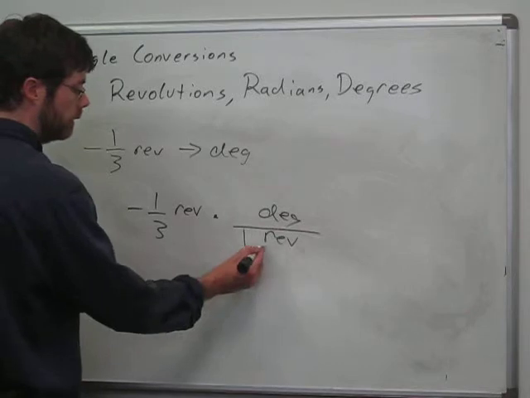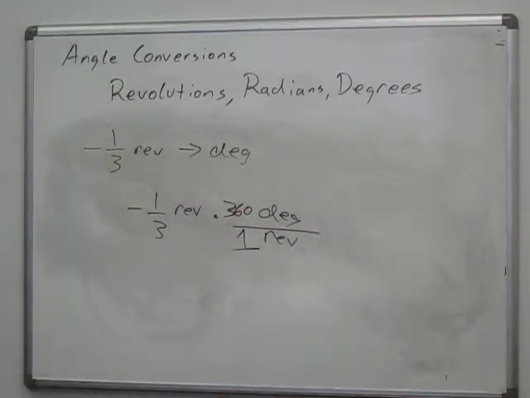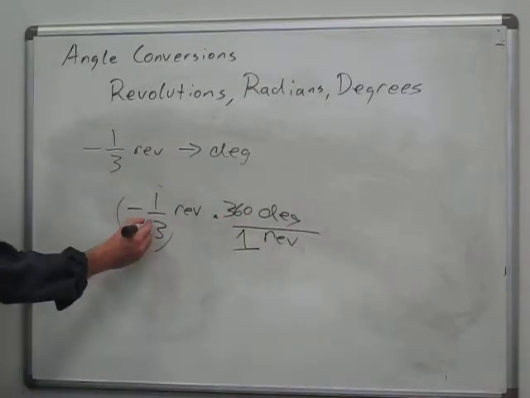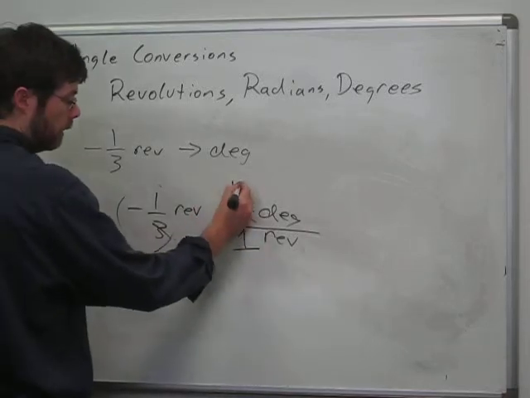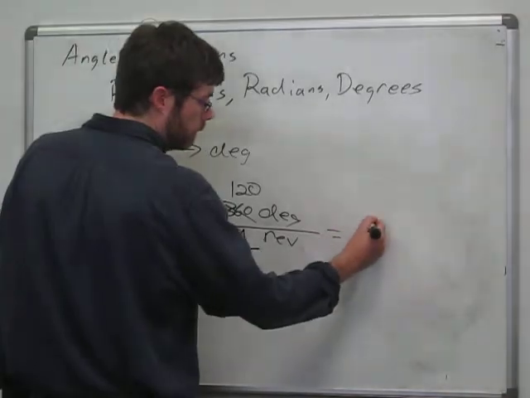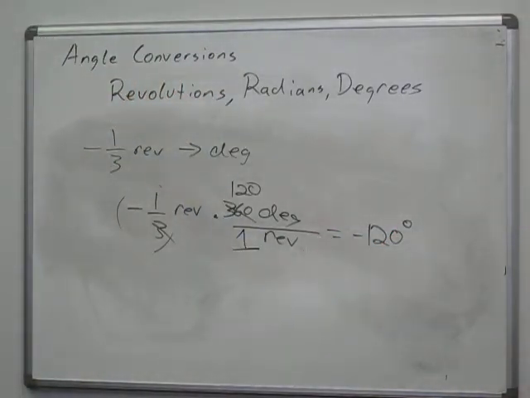Well, in one revolution we have 360 degrees. Right? So we're going to multiply these two fractions here. 3 goes into 360 120 times. So we're left with -120 degrees.